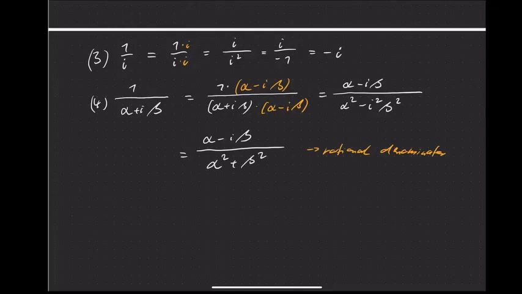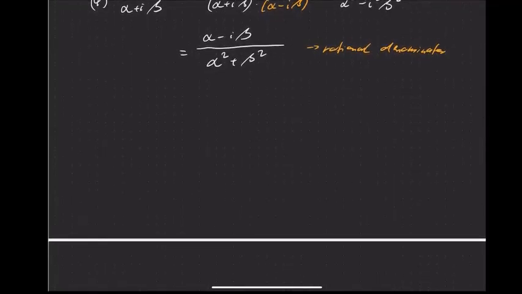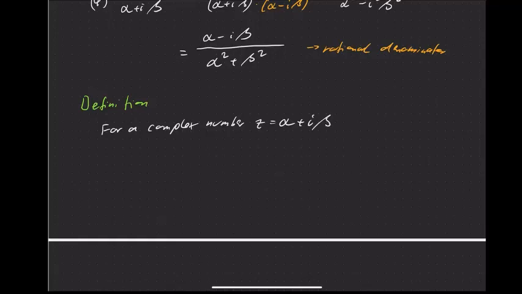Okay, we conclude with just a few more definitions, just to define some names. Definition: let's say we have a complex number z equals alpha plus i beta.